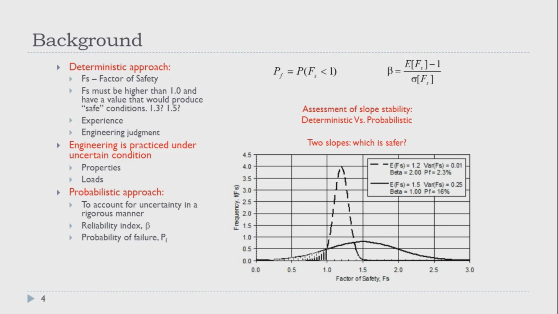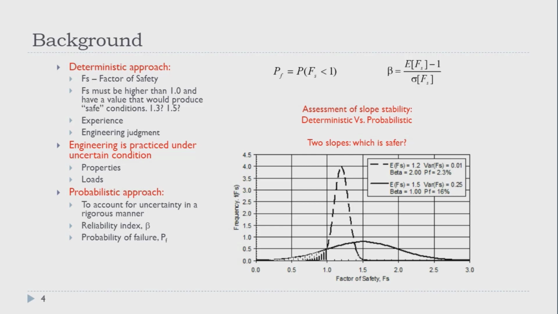For example, in this figure, you have a slope with a relatively higher mean factor of safety of 1.5, and this slope could actually have a higher probability of failure when compared to another slope here with a lower factor of safety.